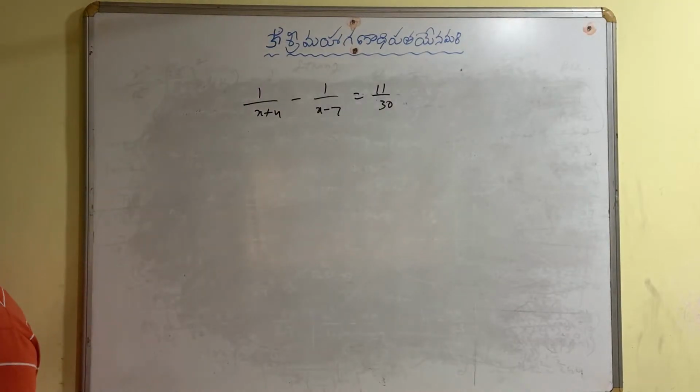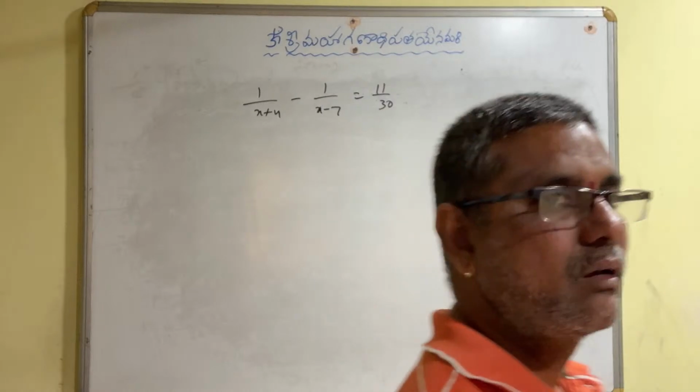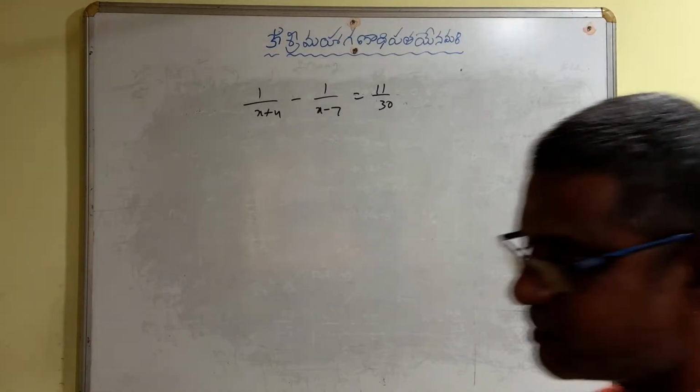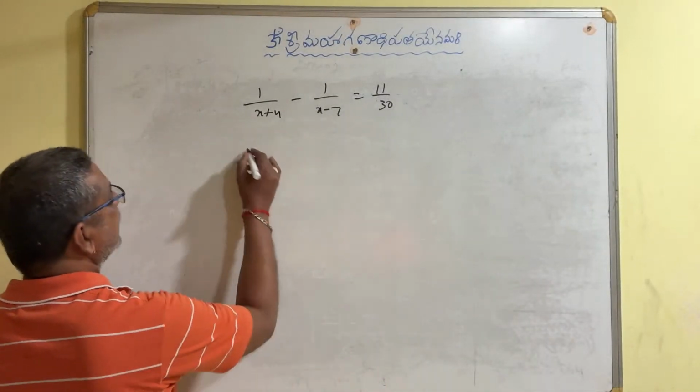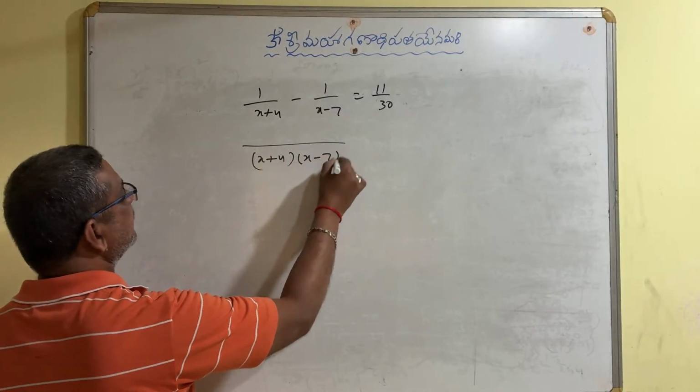How to do it? Take LCM: x plus 4 into x minus 7.